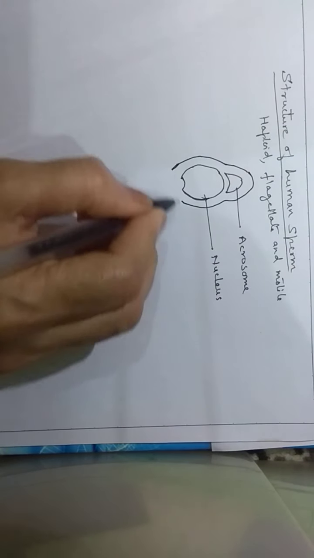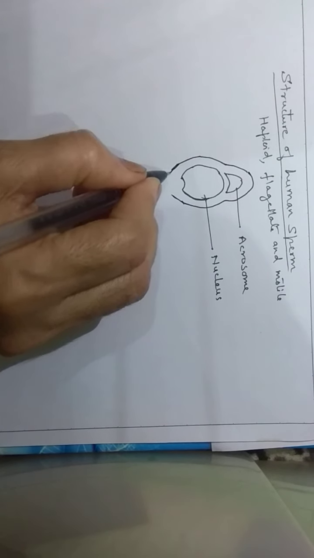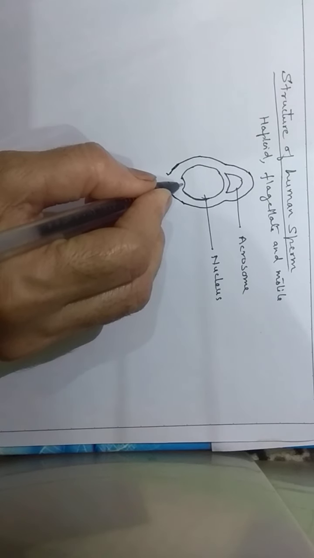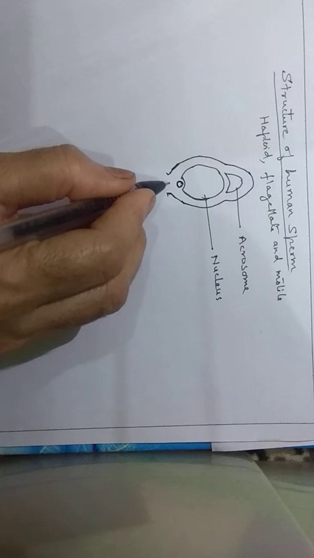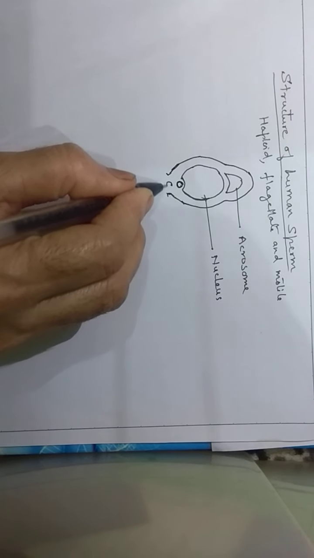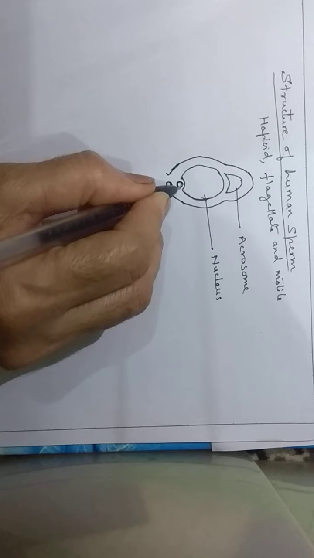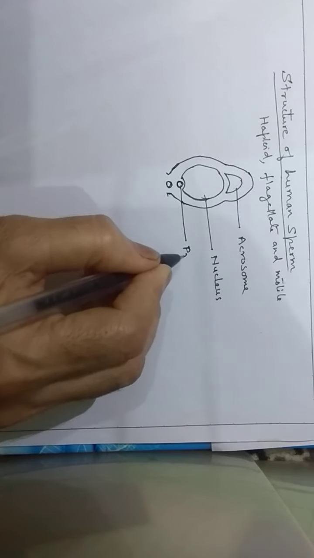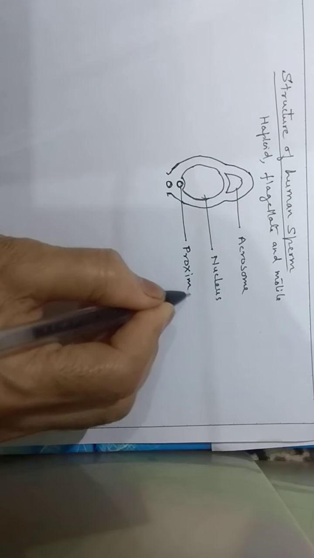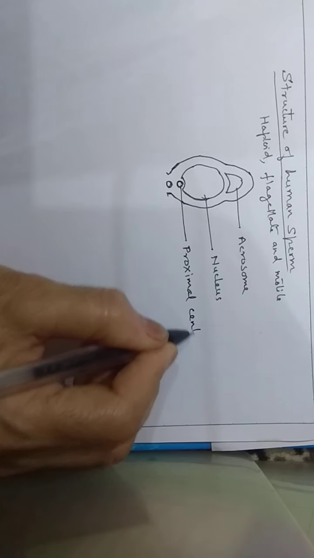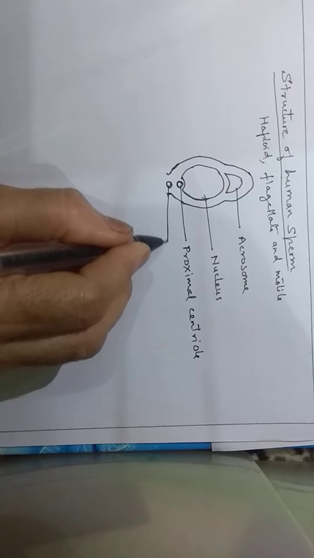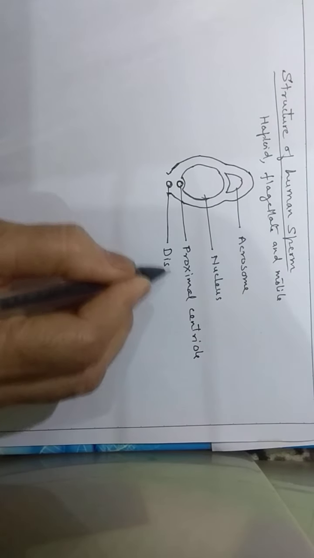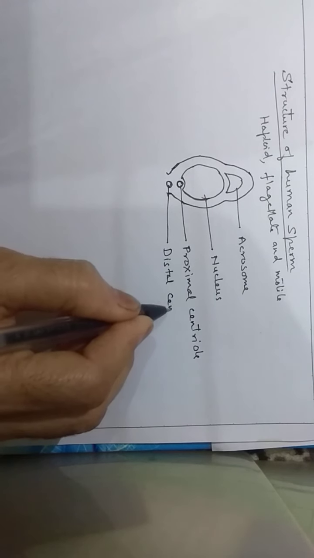After the head there is a depression, and that depressed part is the neck. In this region there are 2 centrioles, one is the proximal centriole, and the next one is the distal centriole.